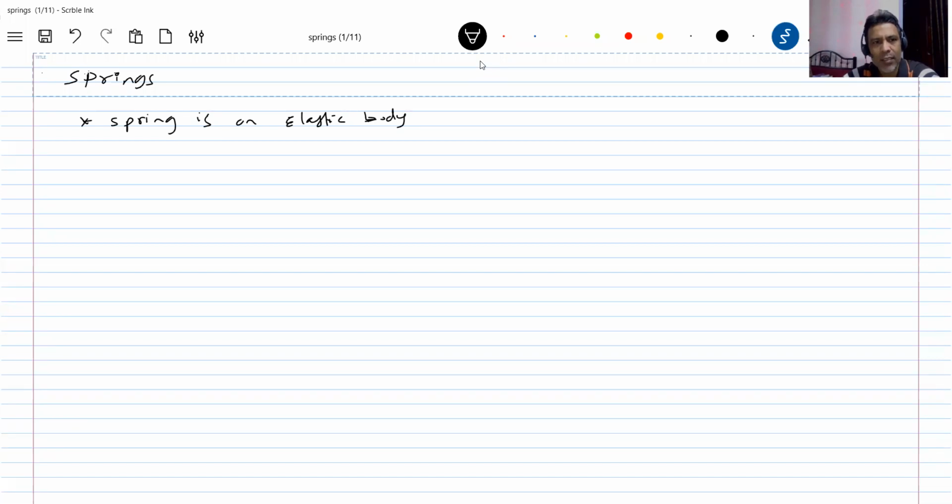So elastic body in the sense, if you plot the potential energy, let's take this is the potential energy. I'm writing potential energy, and this is interatomic distance. How is the corresponding graph?